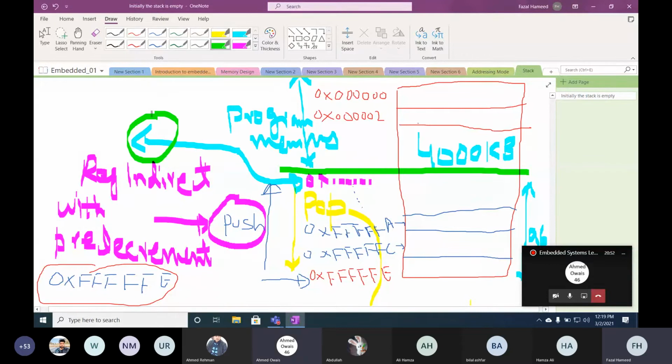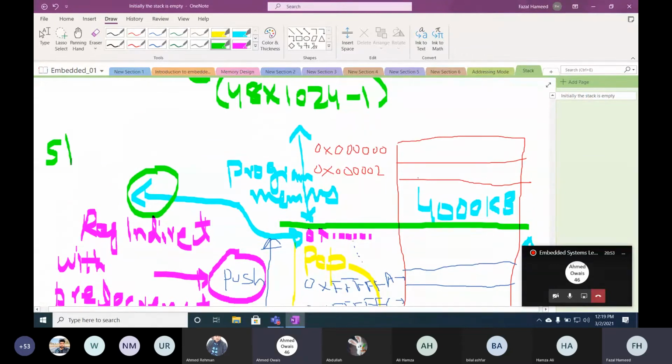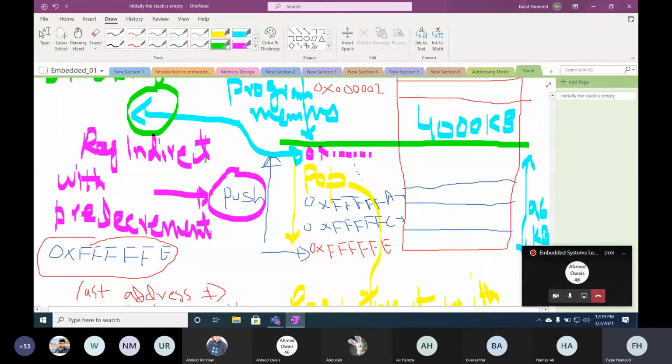If it reaches this location, the stack is full. So should we allow the stack to grow into the program memory or not? No sir, that is allocated for the program.